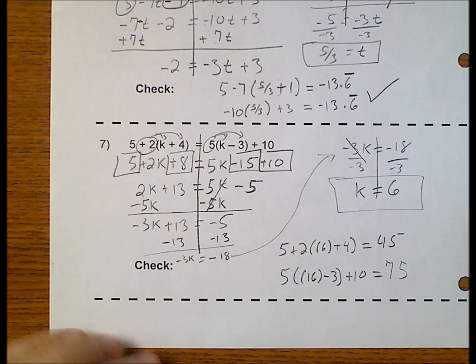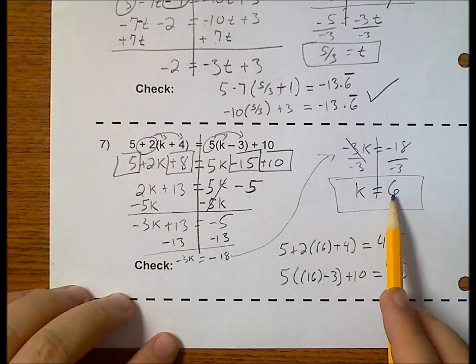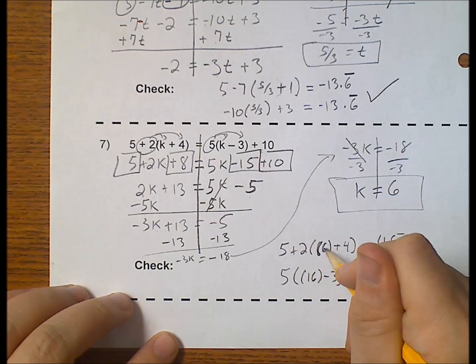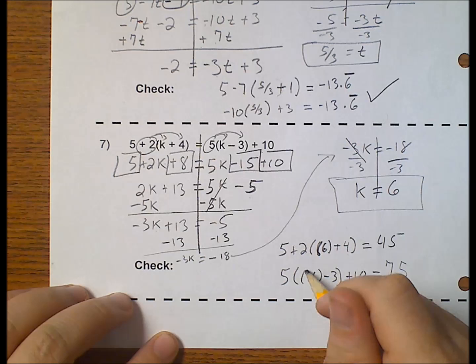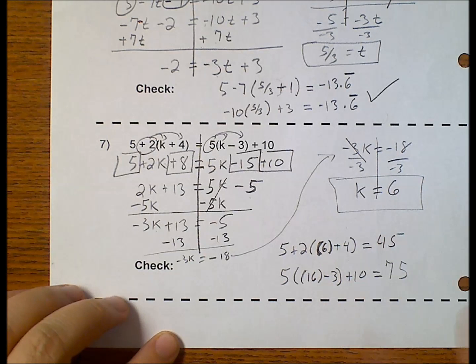So you'll notice that these didn't check out, and I need to look back and see why. Well, if I'm looking over here, k equals 6, and over here I have 6, but over here I put 16. Just a case of my bad handwriting getting the better of me.